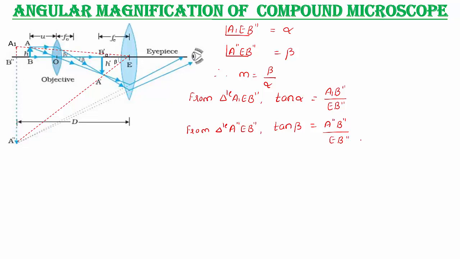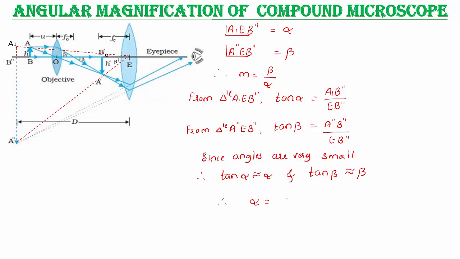So now we got the value of tan alpha and tan beta. So we know that angles are very small. Since angles are very small, therefore tan alpha can be written as alpha and tan beta is equivalent to beta, because the trigonometric function is neglected since angles are very small.